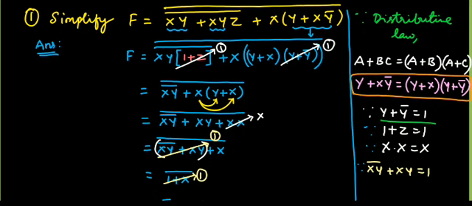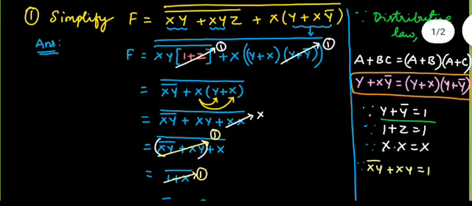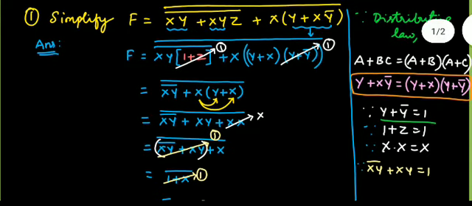For that term, we can apply distributive law. If I apply distributive law, how the term gets simplified? That I have given in the next step. y plus x into y plus y bar. So we know very well y plus y bar is 1.